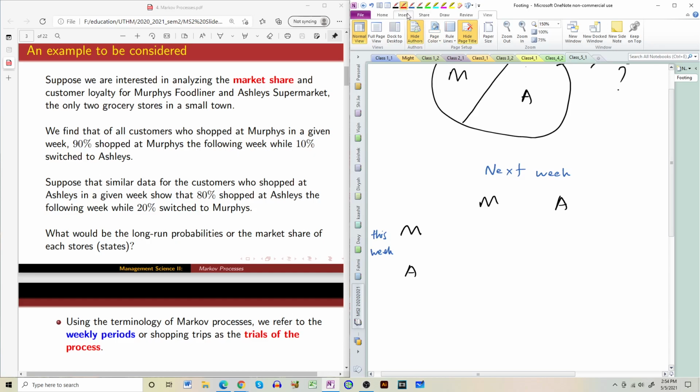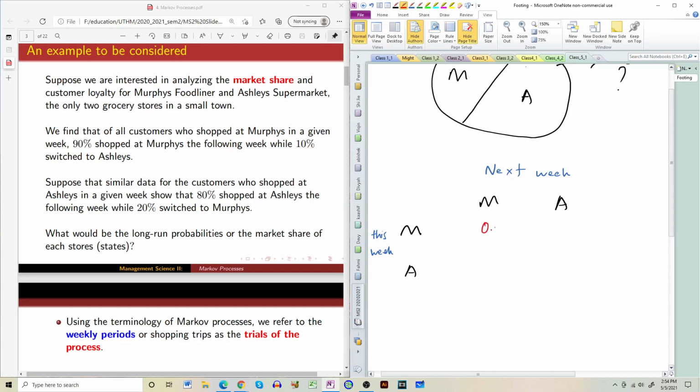Now in the second paragraph, we find that all customers who shop at Murphy's in a given week, this week they shop at Murphy's, 90%, which means probability is 0.9, shop at Murphy's in the following week, the next week. So Murphy's customers will go to Murphy's again.